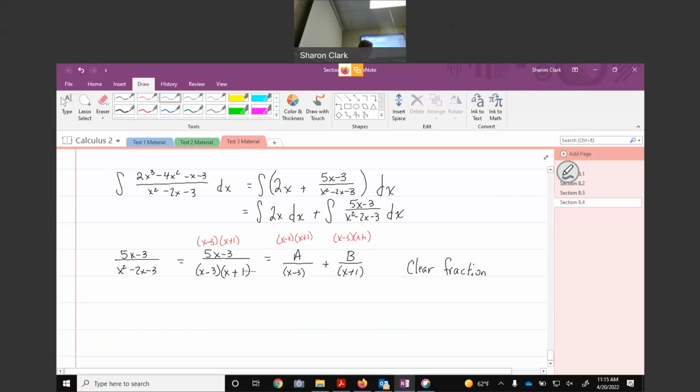All right, so both of those cancel. The x minus 3's cancel. The x plus 1's cancel. So 5x minus 3 equals A times x plus 1 plus B times x minus 3. 5x minus 3 equals Ax plus A plus Bx minus 3B.